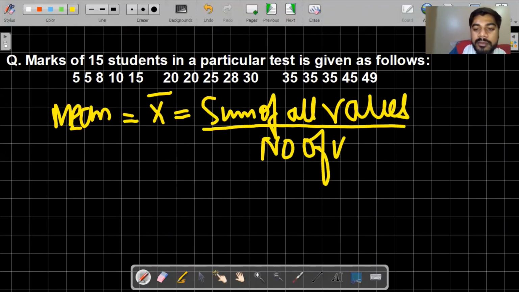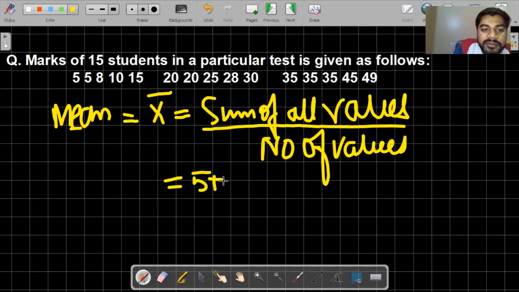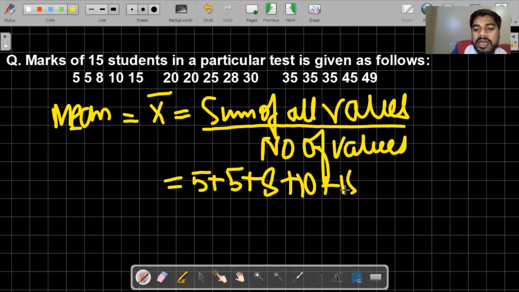So first of all, I'm going to find the sum of all the values here. Starting from the first, we have 5, then 5 plus 5 plus 10 plus 15. By the way, for my own understanding, I've made pairs of 5 values so that I can easily write 5 then plus 10 plus 15. I have written these 5 values, then I'm going to write these 5 values, and these 5 values, plus dot dot dot.